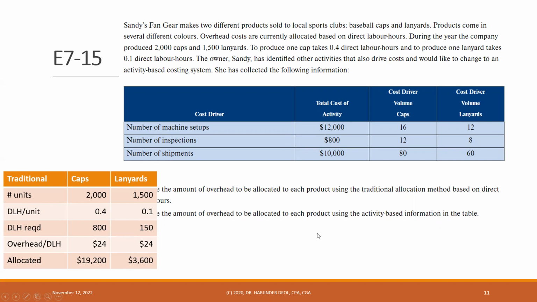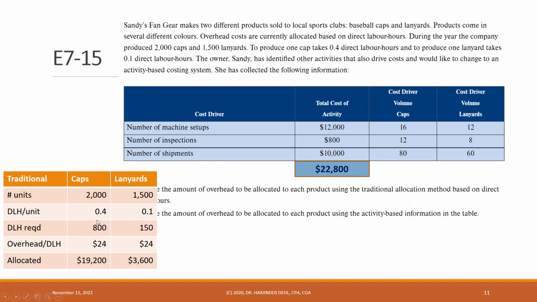Now, the total overhead that we have is 22,800. And that's the sum of the costs for the machine setups, inspections, and shipments. If we divide this total 22,800 by the 950 direct labor hours, we get overhead cost for each direct labor hour is $24. If we multiply the overhead cost for each direct labor hour by the number of direct labor hours for each product, we get the cost that is allocated to each of the product types.